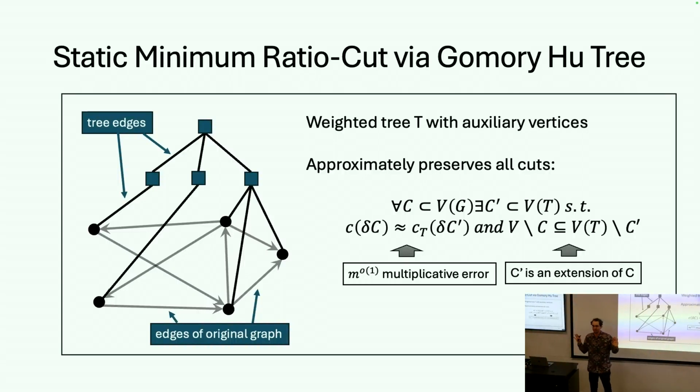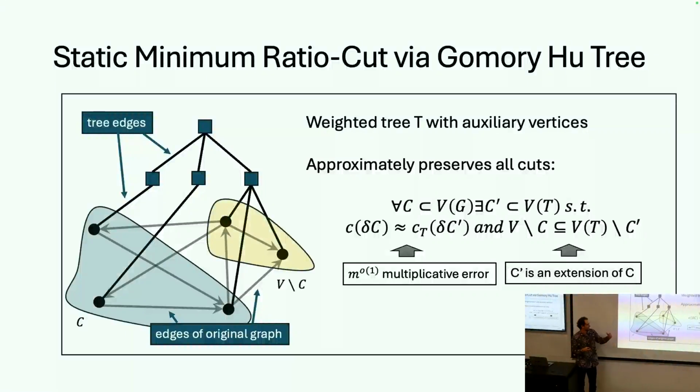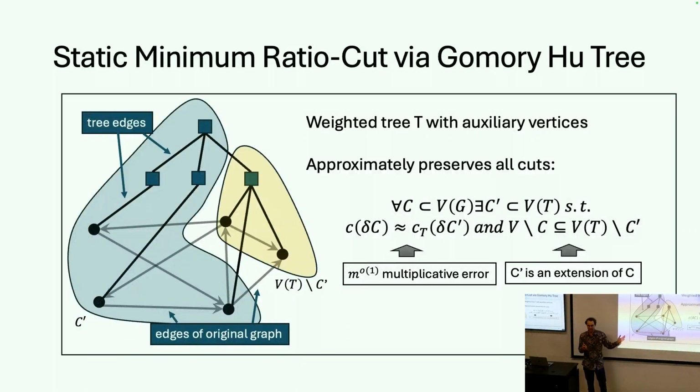In the original Gomory-Hu tree formulation, there's no error, but I'll allow a lot of error. But what this algebra basically says is that you get a cut in the original graph. You can extend it to a tree cut, and the tree cut should be roughly the same as the original graph cut. So you have this cut in the graph, you extend it to some tree cut. This cut has roughly the same value.